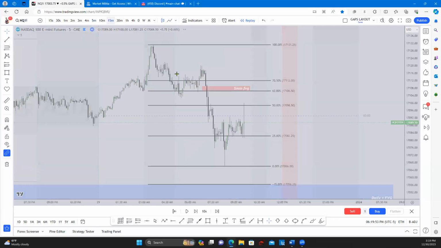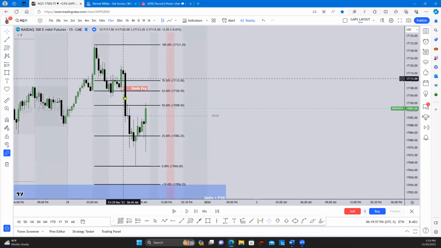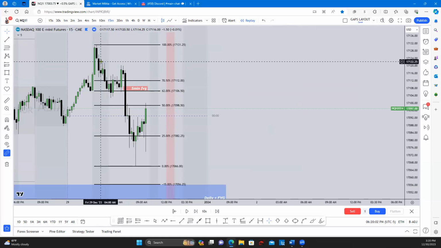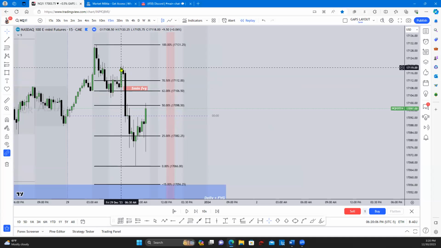If we look on the 15-minute time frame, you can see it's inside of this 15-minute fair value gap. And then I like this high, low, higher high in here, in this order block.